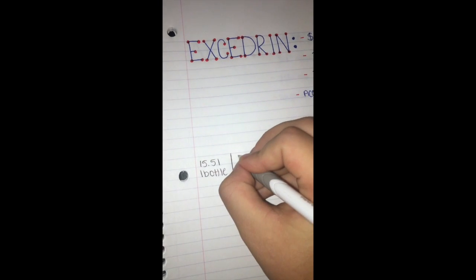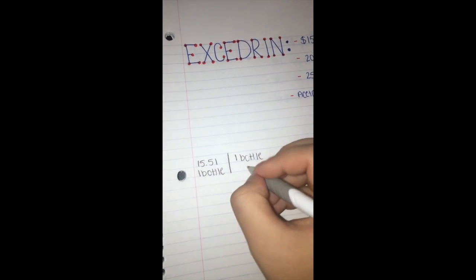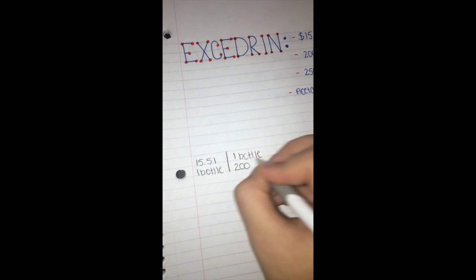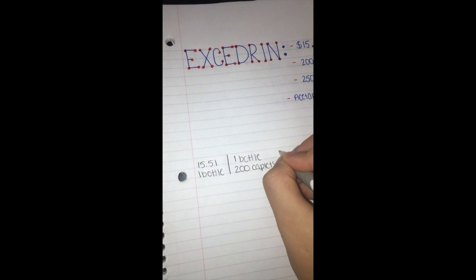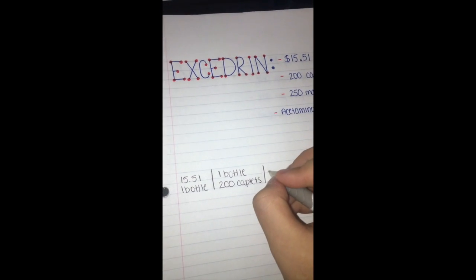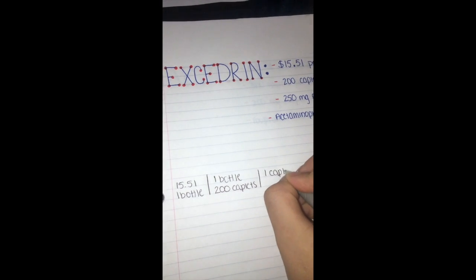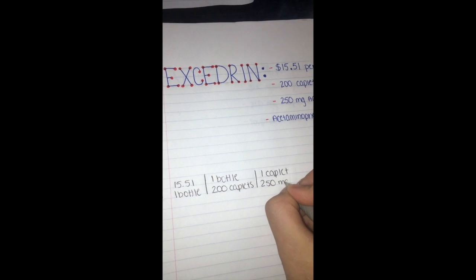And then we're going to do the same thing we did before, but with different numbers. 1 bottle per 200. This is also 250 milligrams.